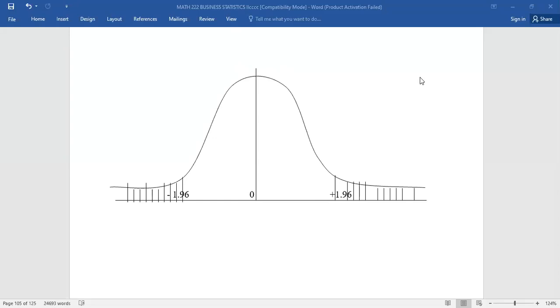Negative 7.89. Negative 7.89, closer, but it's not the answer. Good trial.